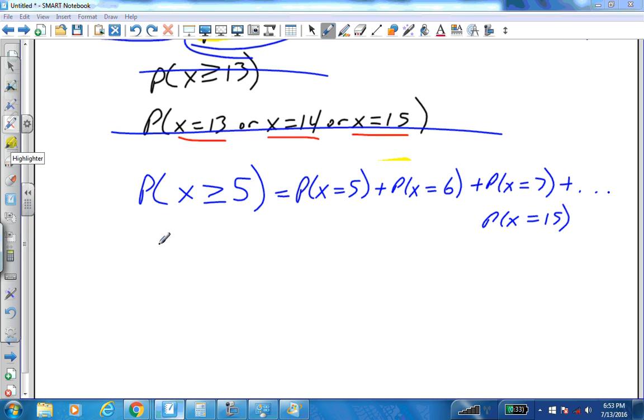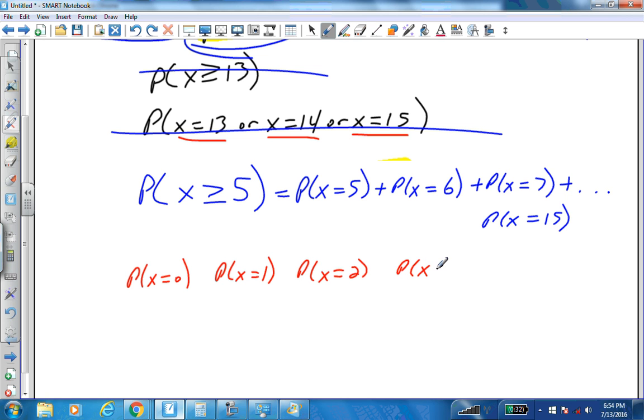Notice the ones we're leaving out are 0, 1, 2, 3, and 4.